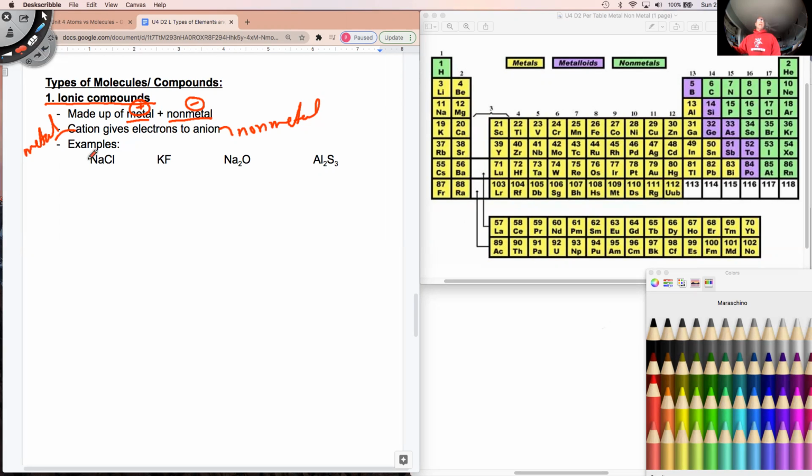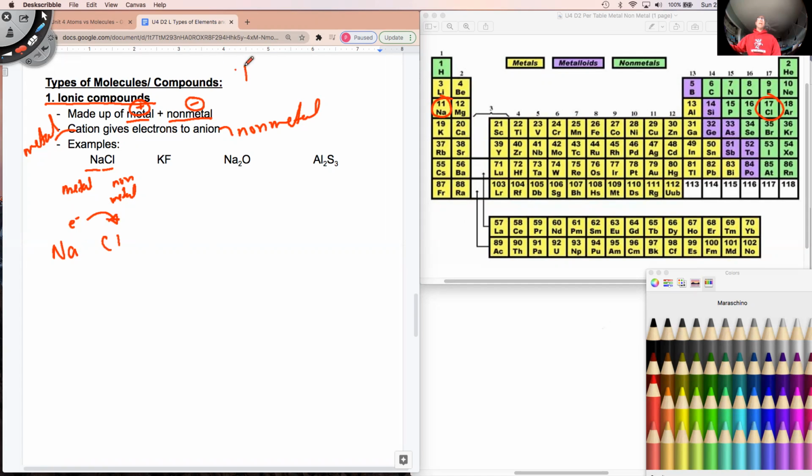So NaCl, here we go. I just circled it. Na and Cl. If we take a look at Na and Cl, we can see that Na is the metal and Cl is the nonmetal. Na is going to be the positive charge because Na is going to give its electron to Cl.